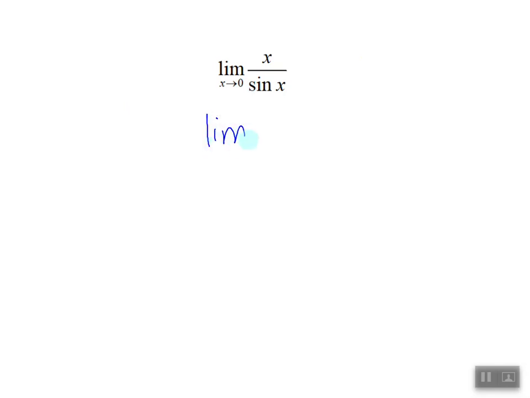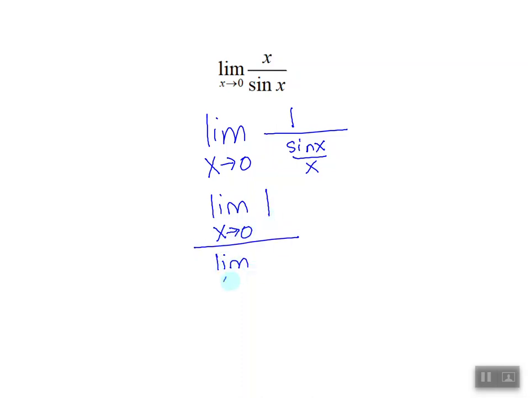This expression is equivalent to the limit as x approaches 0 of 1 divided by the reciprocal of that fraction, or sine x over x. Using our limit properties, we can say this is the same as the limit as x approaches 0 of 1 divided by the limit as x approaches 0 of sine x over x, because we know this limit in the denominator is not 0, and this will make 1 over 1, which equals 1.